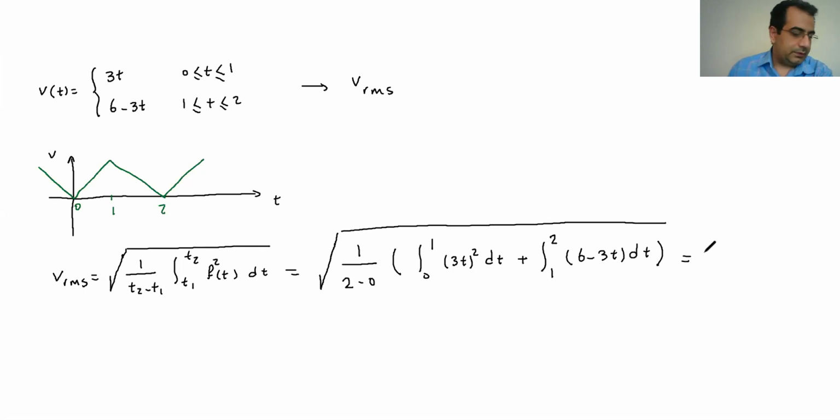Eventually, if I write everything right, it should come out as square root of 3 volts. So one more time, because it's not sinusoidal, we will have to use this equation, and the rest is just the mathematics of doing that integration.